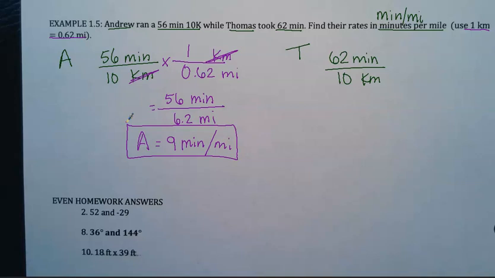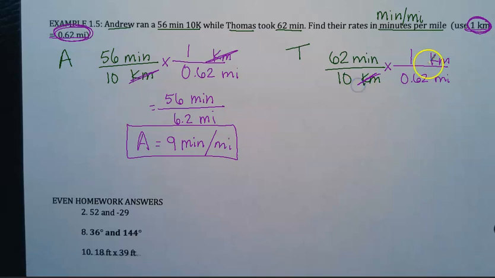All right, we're going to do the same thing for Thomas. We're going to multiply by the unit multiplier. I'm going to explain this again, because we're using these values. 1 kilometer is equal to 0.62 miles. So we want kilometer in the numerator, so it cancels with our kilometer in the denominator. So we know 1 goes with the kilometer, and then 0.62 goes with the miles.